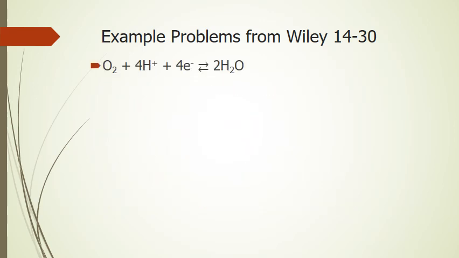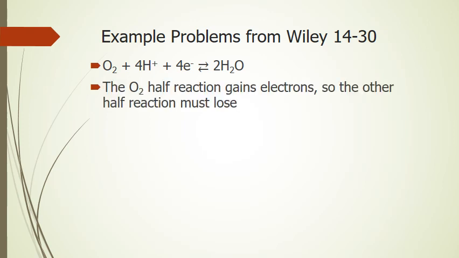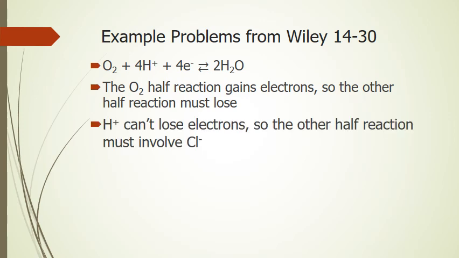There's our oxygen half reaction. It gains electrons. So the other half reaction must lose electrons. H plus can't lose, and we know chloride can lose electrons. So we see 2 chlorides losing 2 electrons to become Cl2. There's our other half reaction.